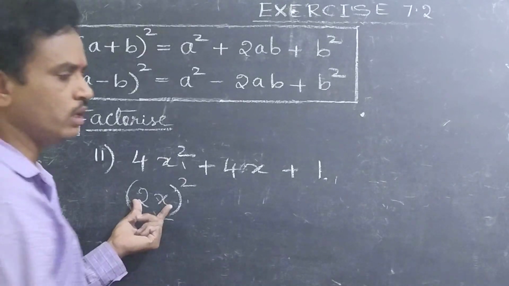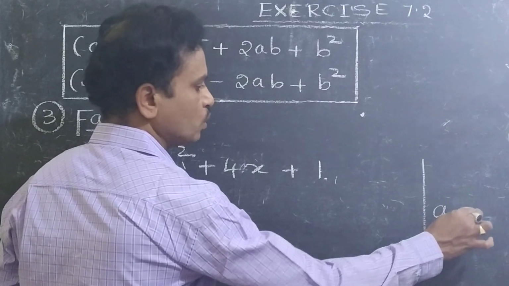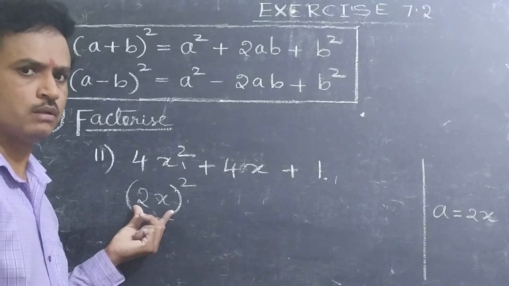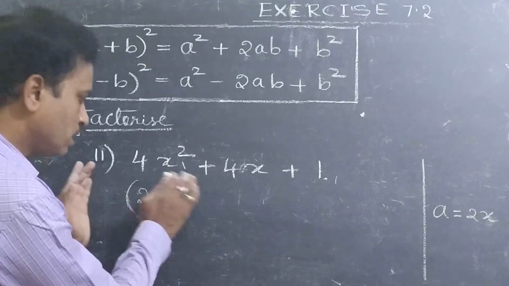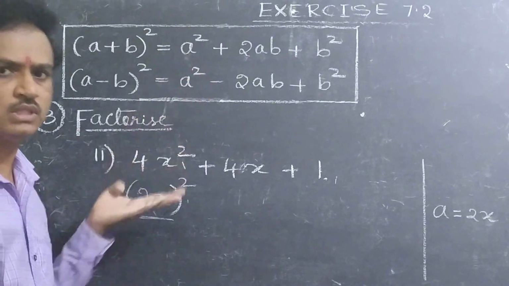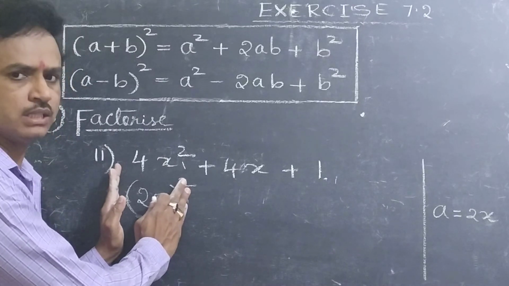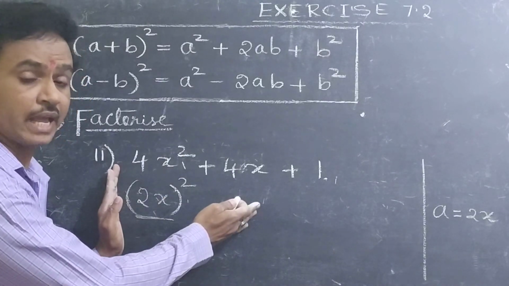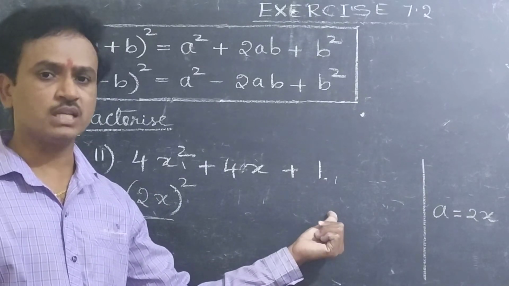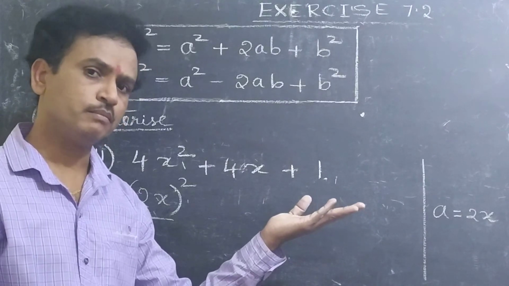If you want, you can write it in the rough column. So here a is equal to 2x. That means this part fully becomes a square. Now after finding this, no need to go directly to the second term. We should jump to the last term. Why should we go to the last term?